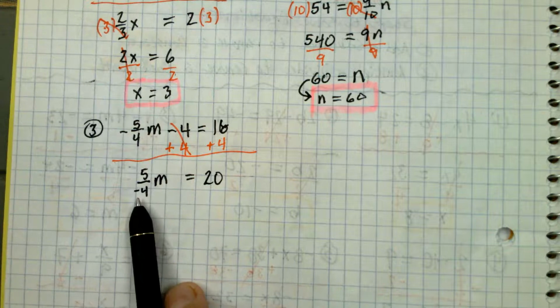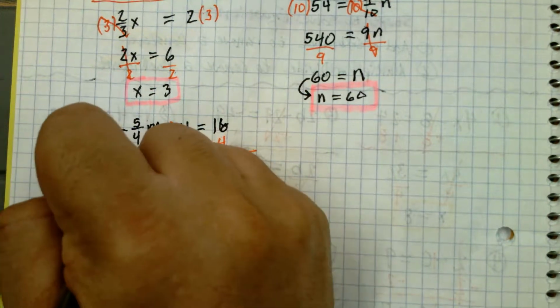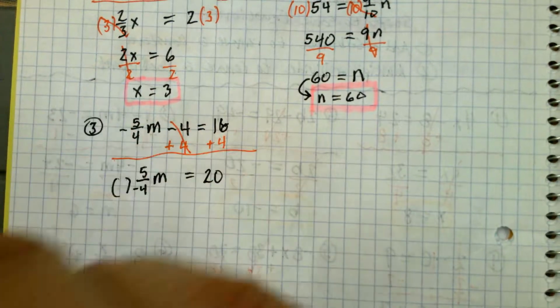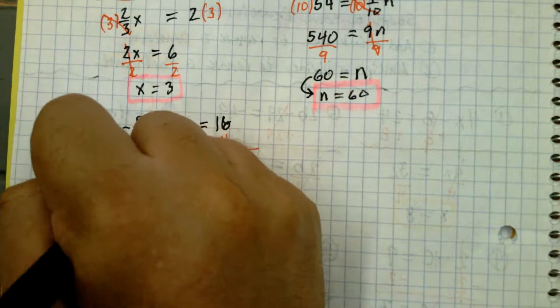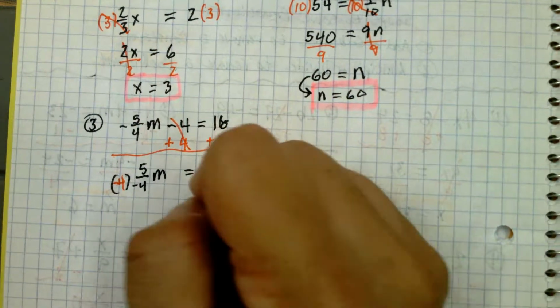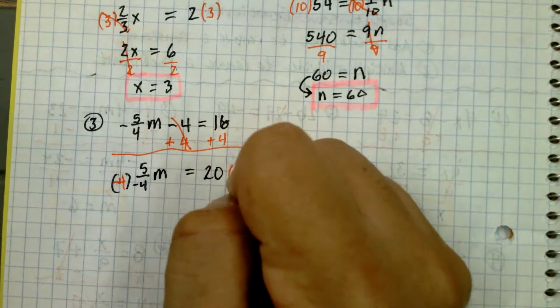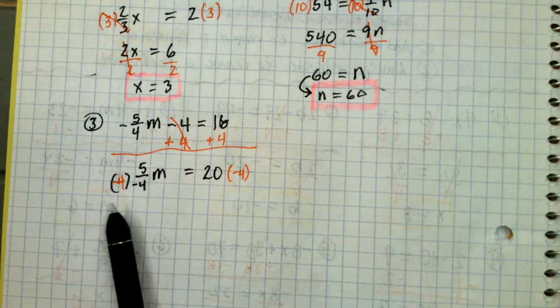The denominator is negative 4. By now I hope we all know that means I've got to multiply. What am I going to multiply by? Negative 4. Because this negative and that negative cancel. And I'll do that on the other side as well. Okay. So let's see what we have.